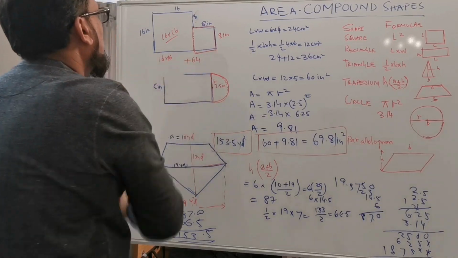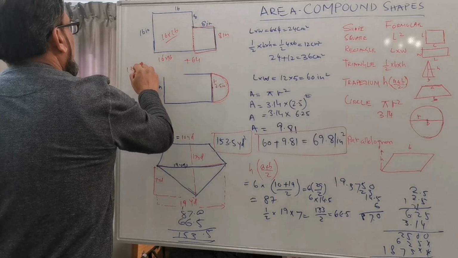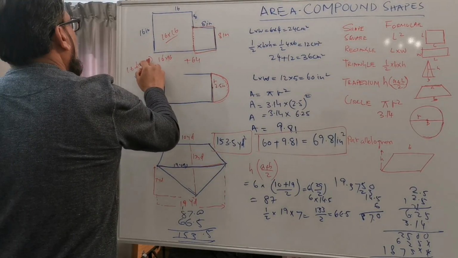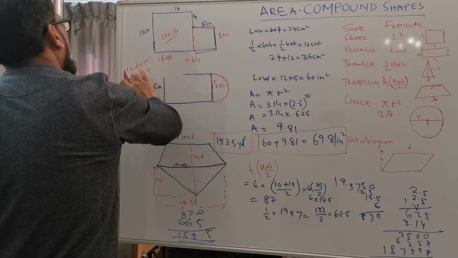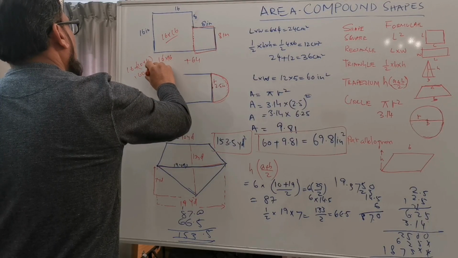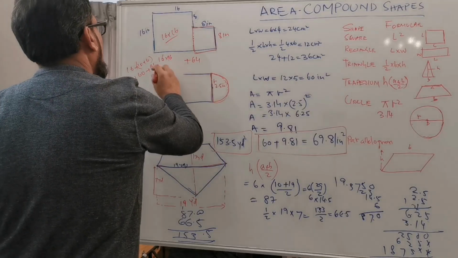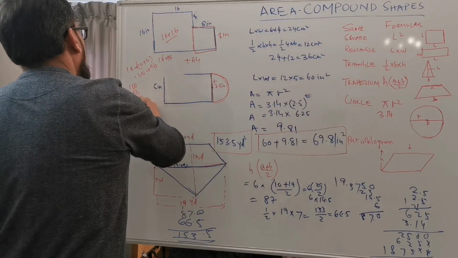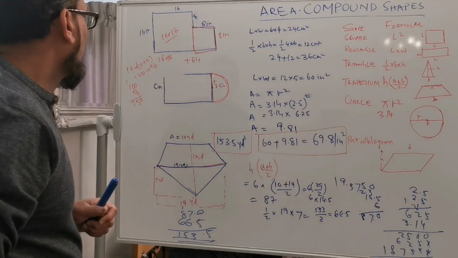So 64 plus 16 times 16. 16 times 10 is 160, plus 16 times 6 is 96, so 160 plus 96 is 256.